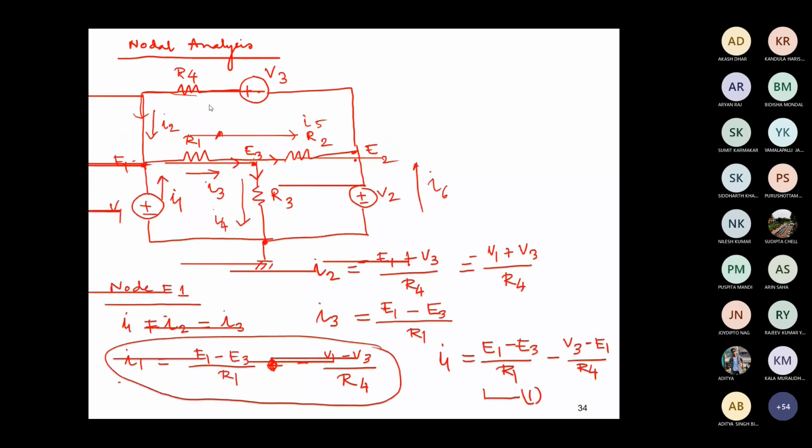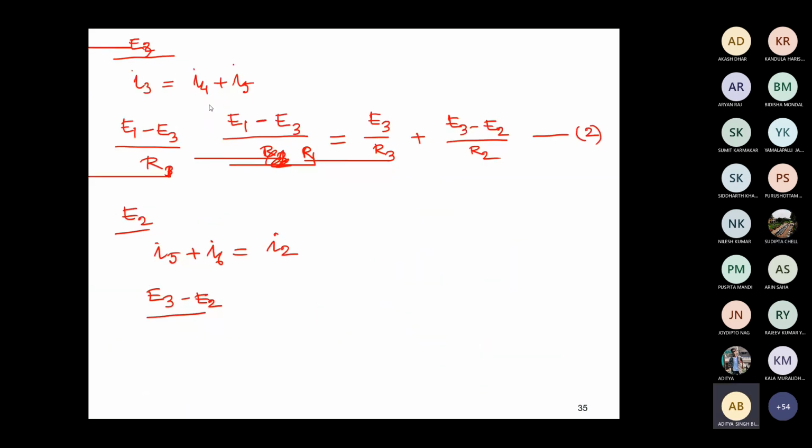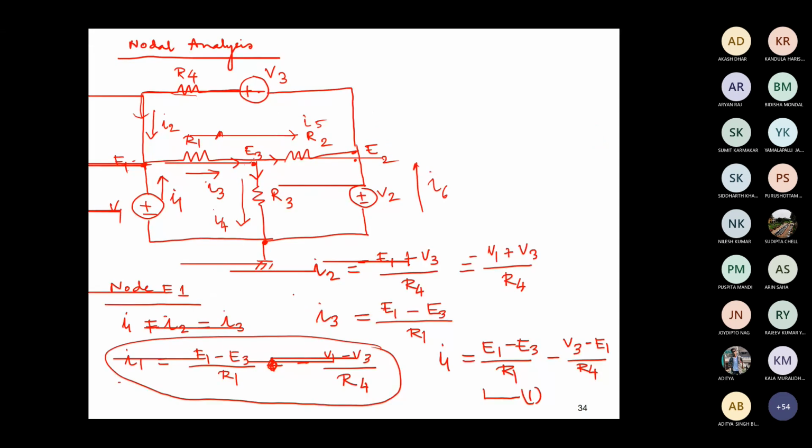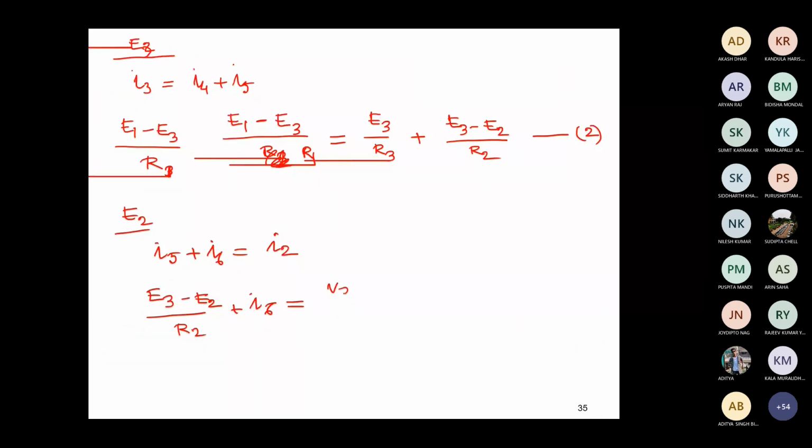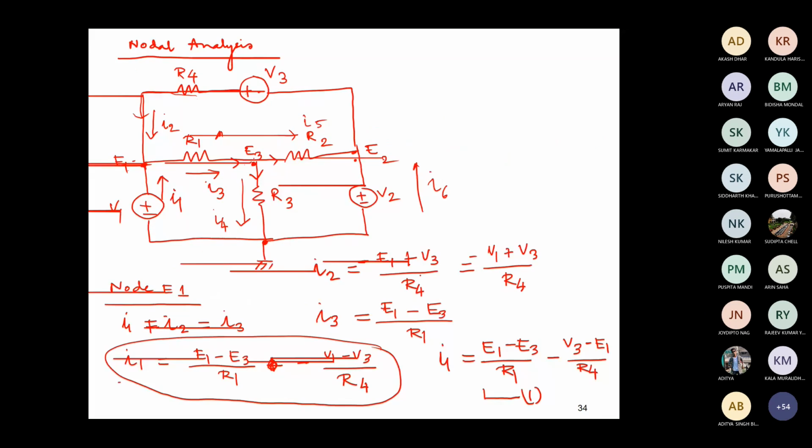Okay, sir. So E3 minus E2 divided by R2 plus I6 equal to, what is your I2? I2 is again V3 minus E1 by R4, minus V1 by R4.